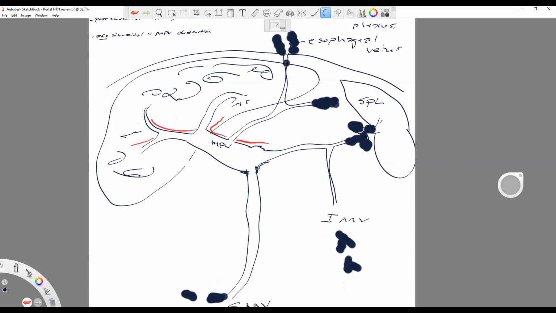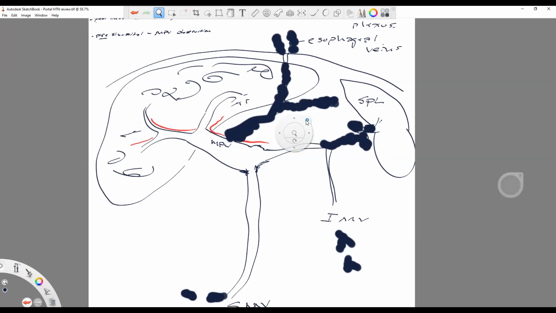As things get worse, more and more of this vein becomes enlarged. Same thing along here. So now we have all these varices in the area because blood cannot go through the liver as easily.